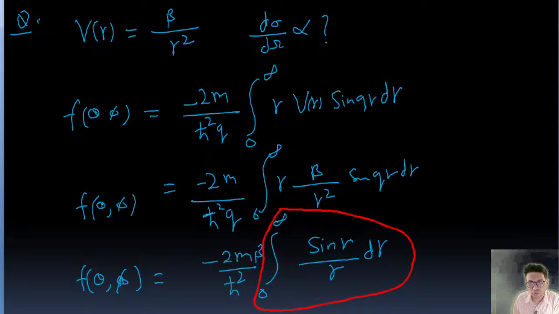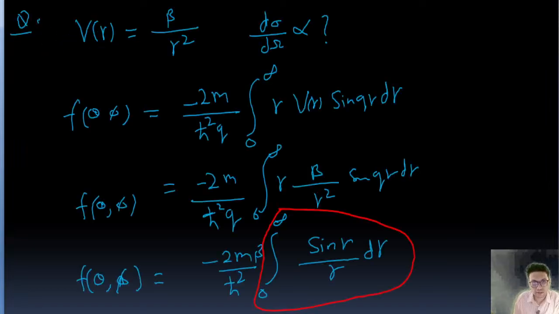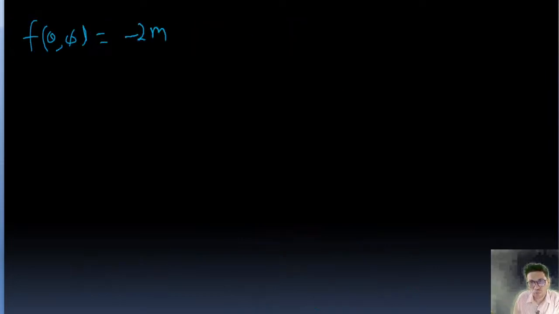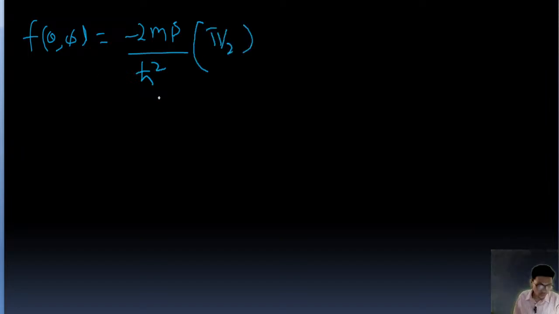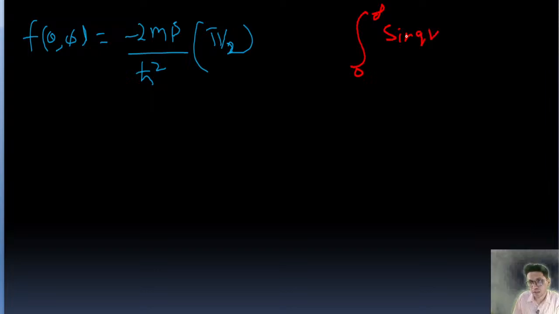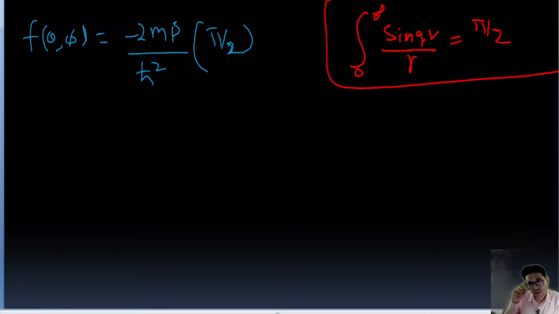So f(theta, phi), that is the scattering amplitude, is going to be minus 2m beta upon h cut square, and this value, 0 to infinity sin qr upon r, is pi by 2.